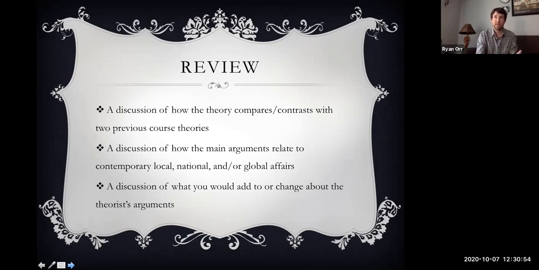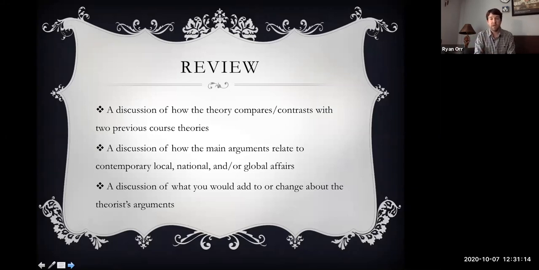So for example, Weber talks about class and status like Veblen, but he also talks about party. So you could say similarities, they talk about class and status, but differences, Veblen doesn't talk about party. And then you elaborate on that discussion.